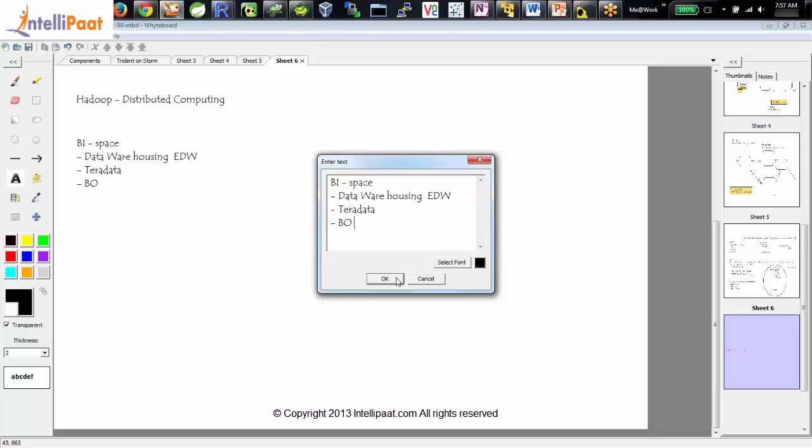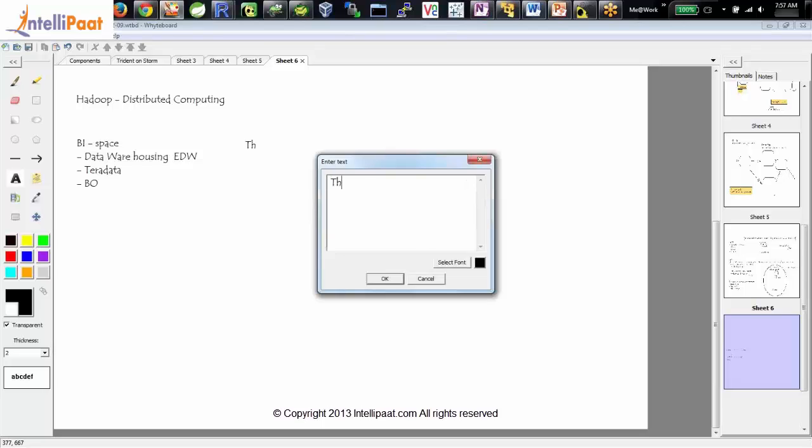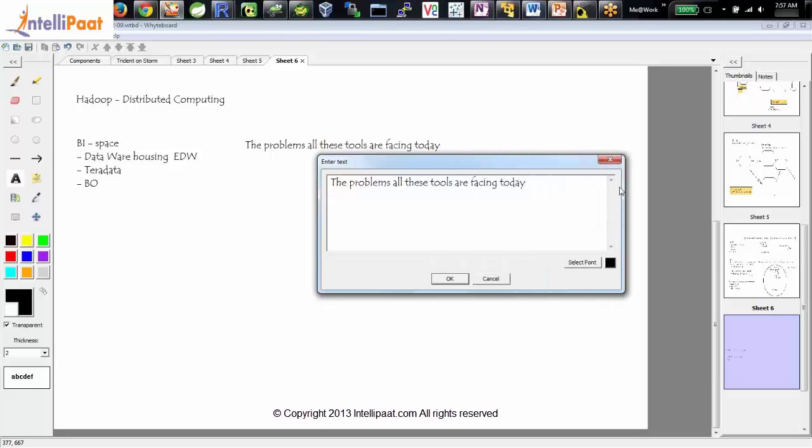Now the problem all these tools are facing today, right? What are the problems that these tools are facing today?